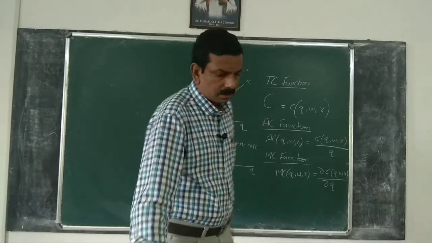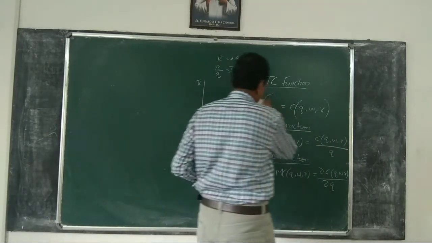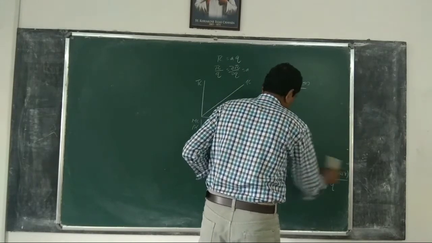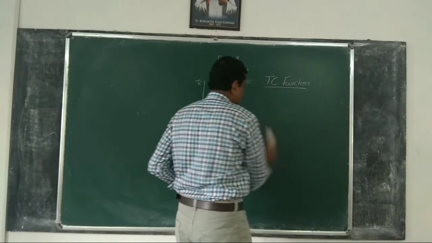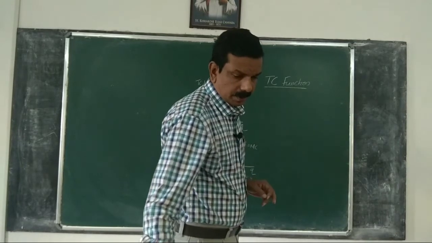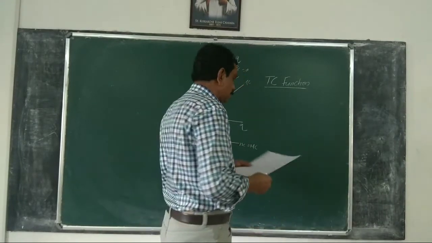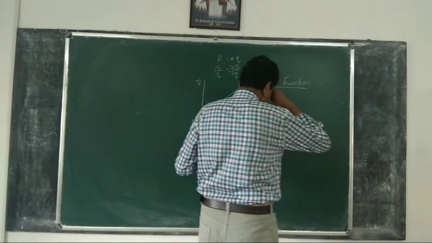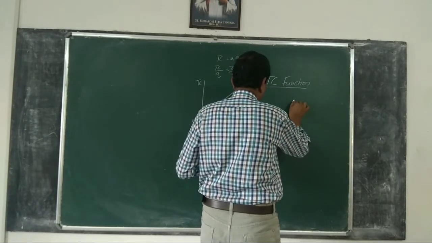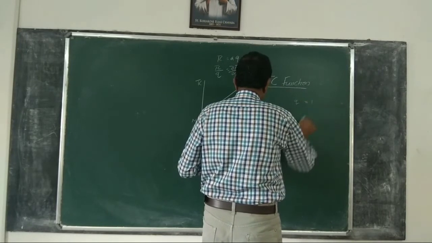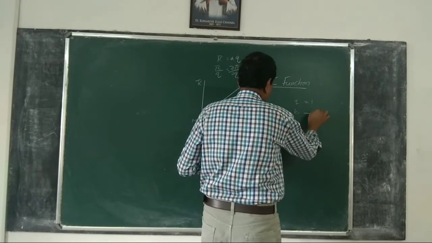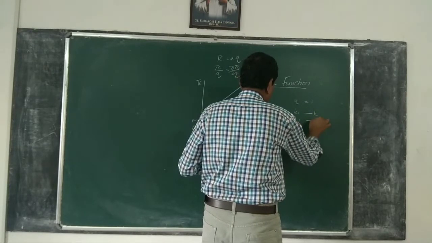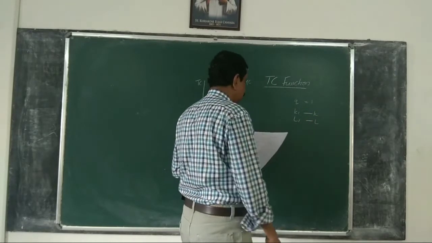Now let us consider this statement with an example. Suppose that to produce 1 unit of output, K1 units of capital and L1 units of labor are required.